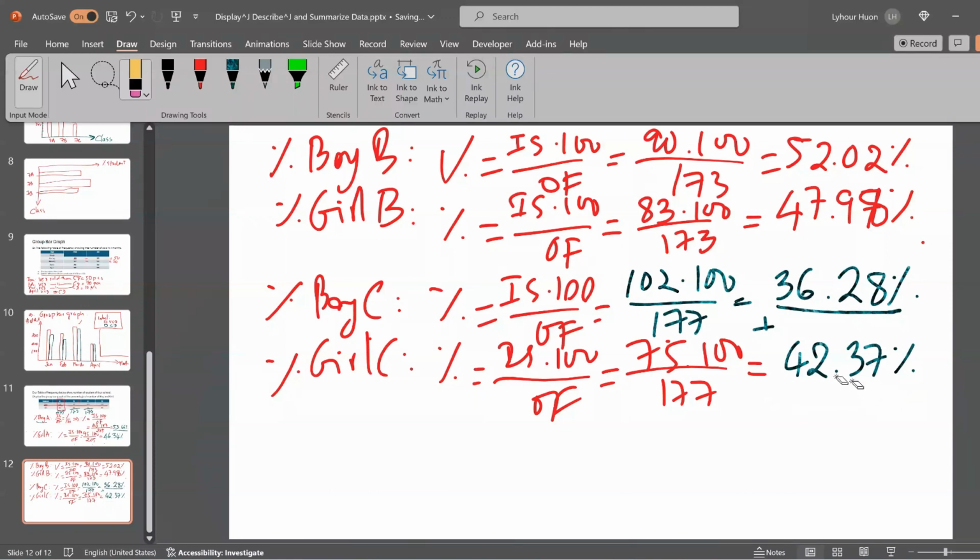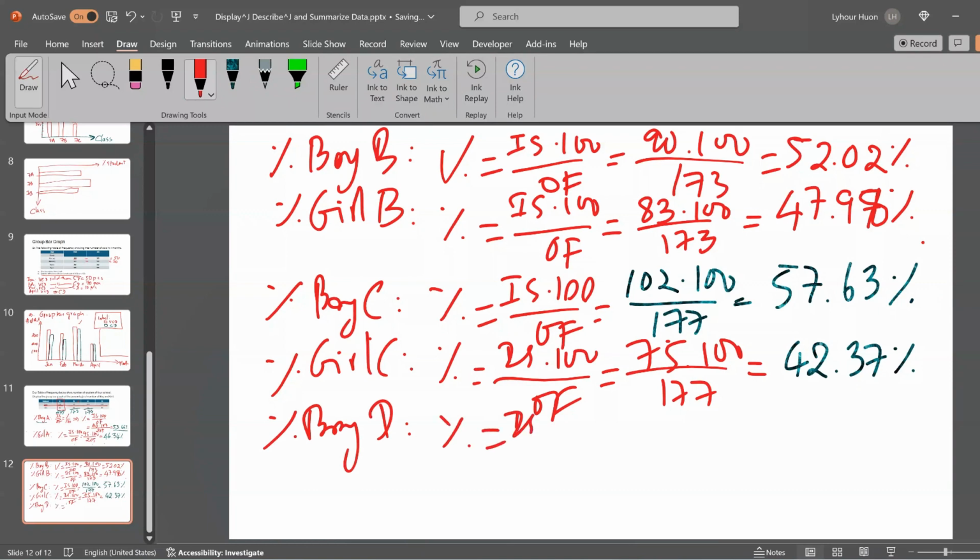The girl is okay, but the percentage of boys for C is 57.62. So it should be 57.63%.